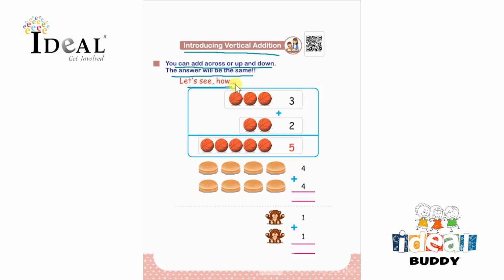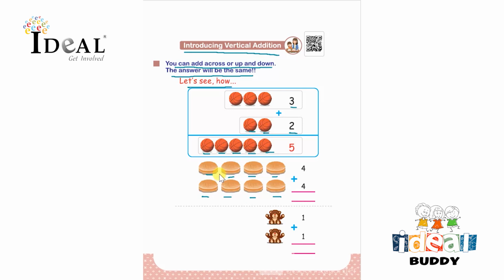Let us see how. So here there are 3 balls plus 2 balls. So in all, in total, there are 1, 2, 3, 4, 5 balls. Similarly, here there are 4 buns plus another 4 buns.